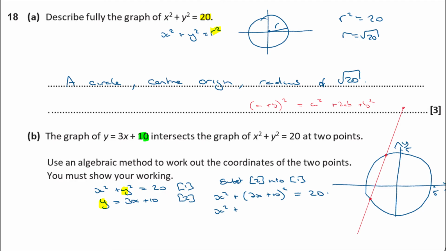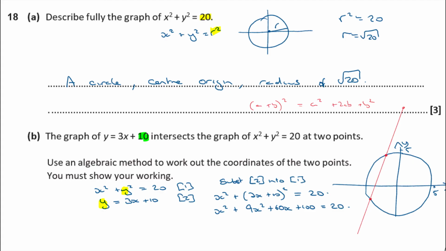So I know that here a is 3x, so (3x) squared is going to be 9x squared, isn't it? And then I need 2ab, 2 times the first term times the second term. Well, 3x times 10 is 30x, doubled is 60x, so my middle term is 60x. And then the last term is going to be 10 squared, it's going to be 100. And that's equal to 20.